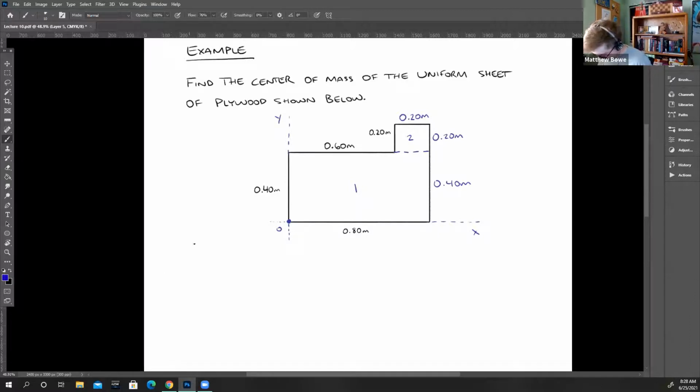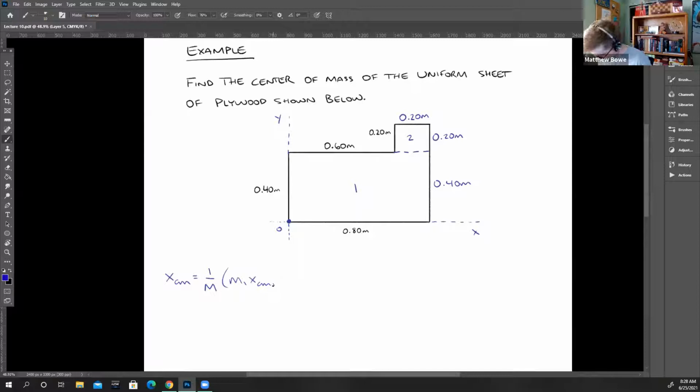So I'm going to say x center mass is equal to 1 over capital M, so total mass, M1 times x1 center mass, or I guess I can keep it consistent.